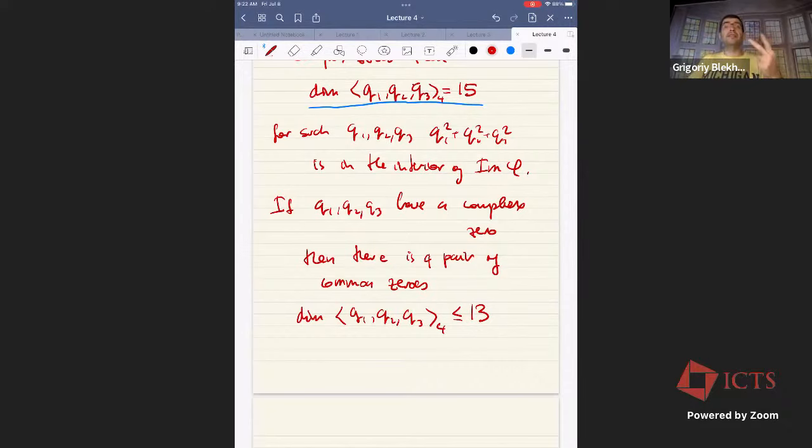They have to generate something of codimension at least 2. Right? Because of this pair of complex zeros. They all lie inside a linear subspace of ternary quartics that vanish at these 2 points. And if you vanish at 1 point, that will drop the dimension down by 1. If you require vanishing at a second point, it's going to drop the dimension down by 2.